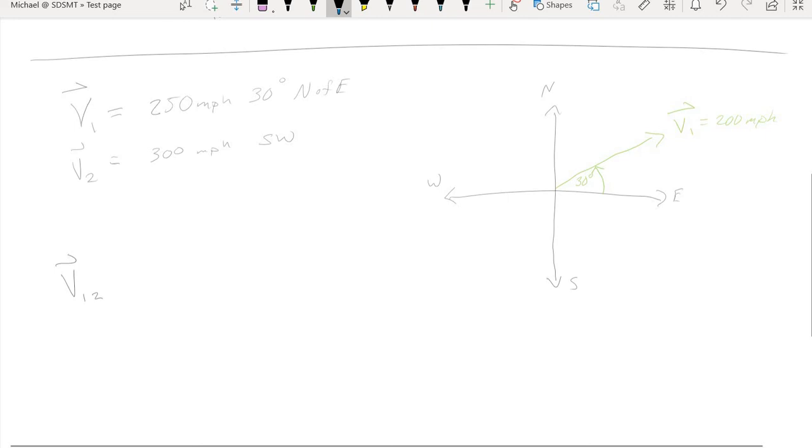Now there are no angles given. All we're told is southwest. But that would imply that we have equal parts south and equal parts west for the motion. And the only way that that's going to happen is with a 45-degree angle.